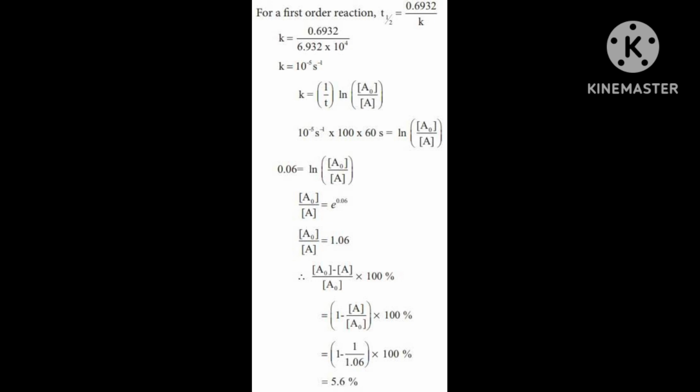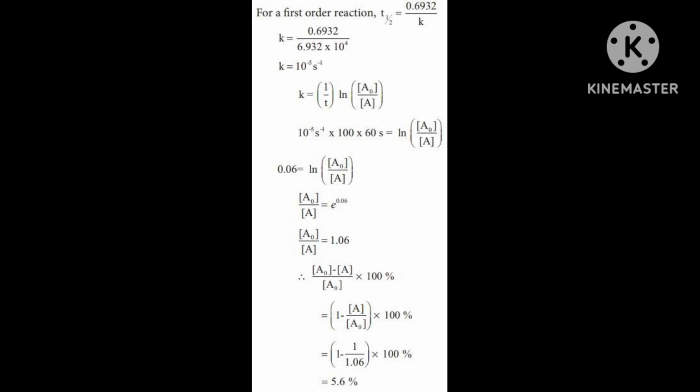Correct? At a time t, this is not the initial pressure; you have to put the actual pressure of N2O5, that is 1.5 minus 2Pt.